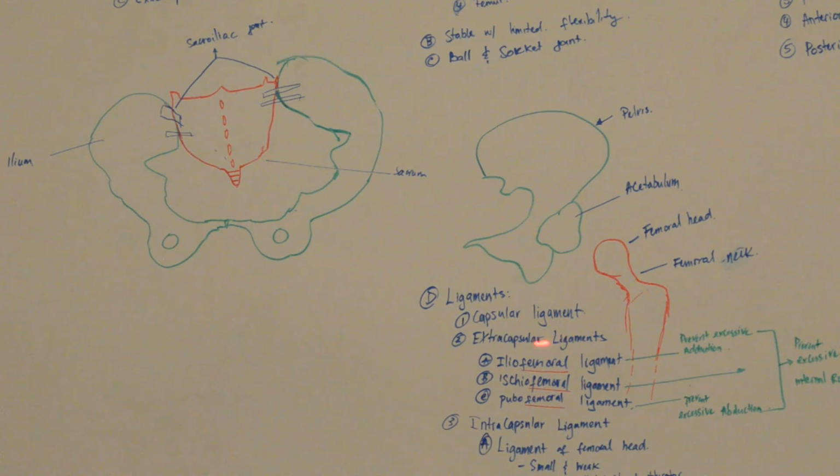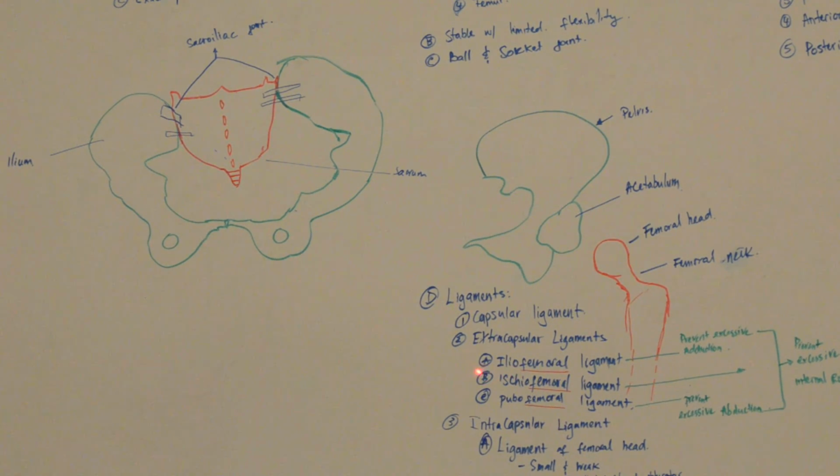These ligaments are a little outside of the capsular ligaments. That's why it's called extracapsular. These ligaments originate from one of the three bones of the pelvic bone, and they attach to the femur. That's why we see three different names, and they all end with femoral.